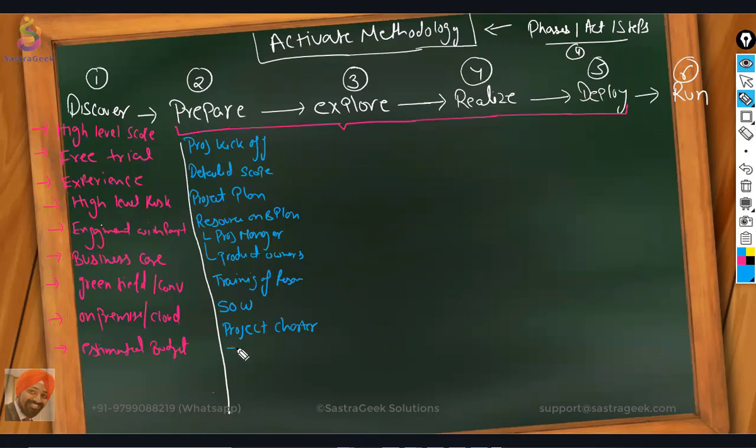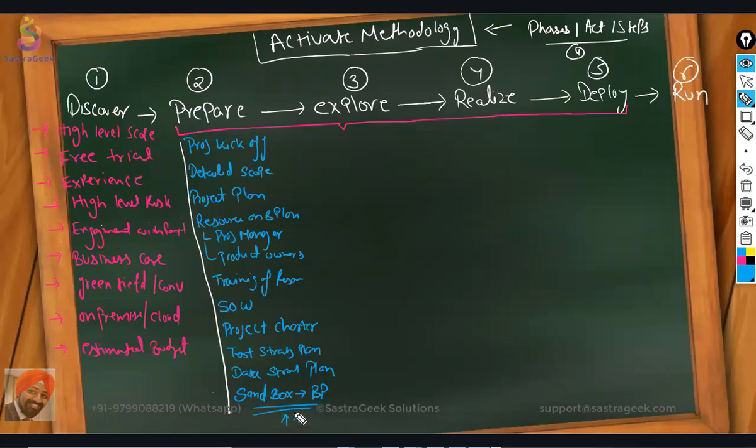Then different kinds of plans would be coming into place here. Your high level test strategy and plan, high level. Your data strategy and plan would be coming here in this phase. And in this phase, you would be ready with your sandbox system with the best practices available.